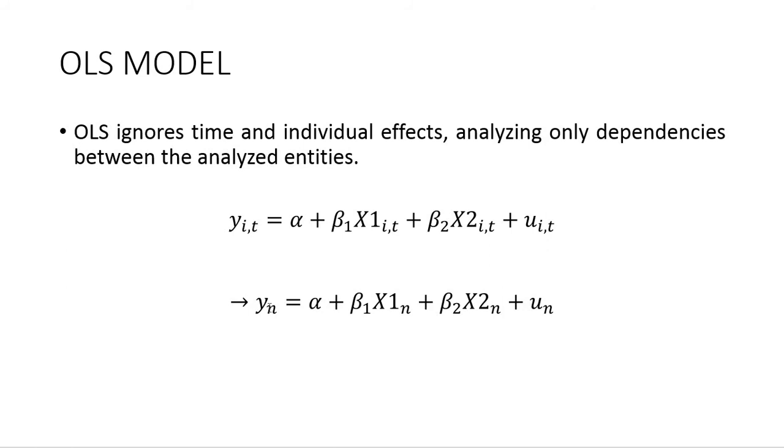So in other words, when you estimate a panel dataset using OLS, you do not make any difference between the difference in value of y for 2 countries analyzed for the same period and the difference in y for 1 country analyzed for different periods. Basically, you just neglect it. However, I have to say that OLS is not the best specification for panel data, and we are going to discuss why in a second.